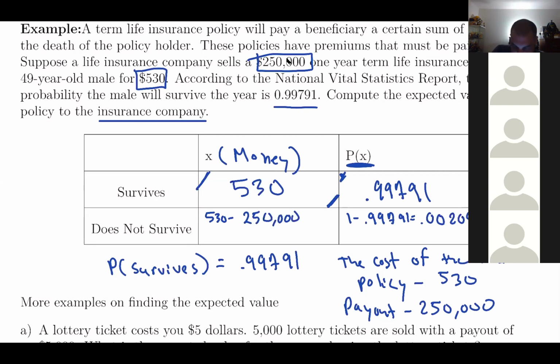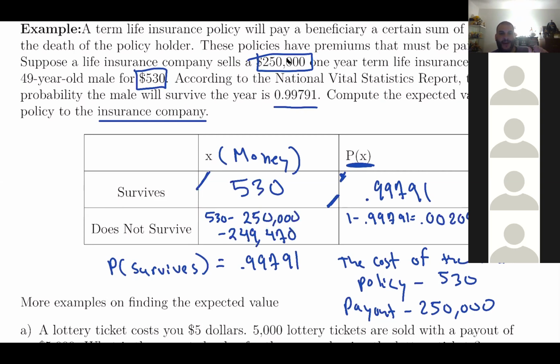So it should be negative 249,470. And that's it for that. Remember, you're always doing the net loss, not just the loss.